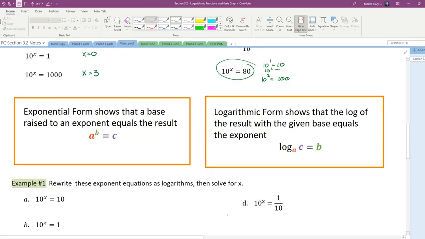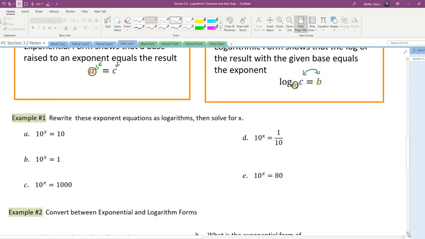A logarithm will take that same exact problem and rearrange it. So the logarithmic version of this would be log base a of c equals b. So what you'll notice is in our exponent we had a base a, in our logarithm we had a base a. In this problem we have b as our exponent and c as the answer. So in this problem the b and the c change places.